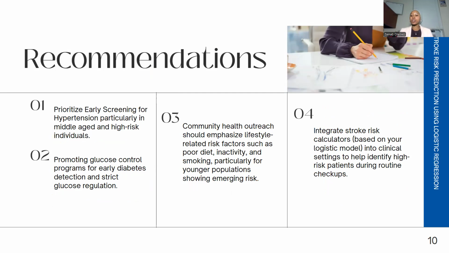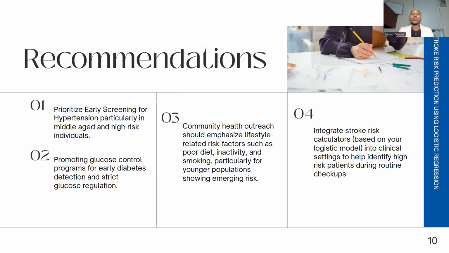So some of my recommendations based off of these findings are to prioritize early screening for hypertension, particularly in middle-aged and high-risk individuals. I'm focusing on hypertension first because it had the highest percentage risk, about 62% risk for people that have hypertension to have stroke compared to people that do not.